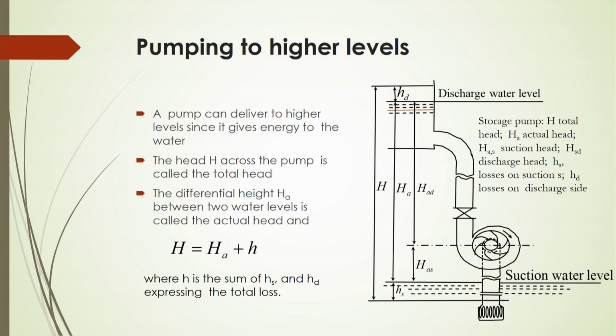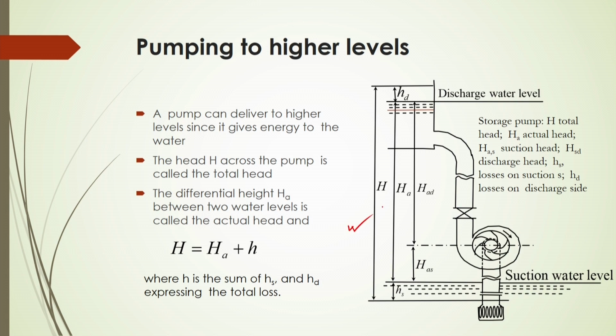Now, if we consider pumping of fluid to higher levels, in that case a pump can deliver the liquids to higher levels and it gives some energy to the water, for which it will be flowing up to a certain location. The head across the pump is called the total head, as shown in the figure here.